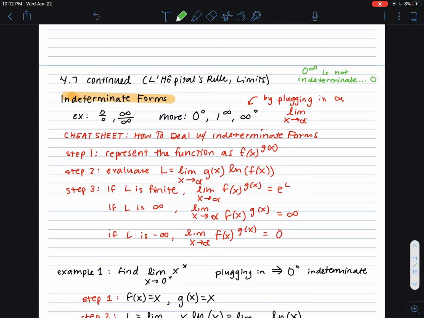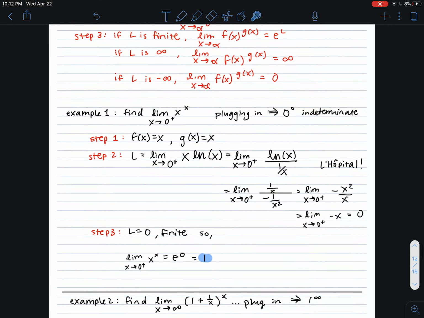The reason that 1 to the infinity is not necessarily 1 is because you could have 1 be a fraction, and before we reach 1 as our limit, we could reach infinity sooner. And if we reach infinity sooner than this gets to 1, then this guy's a fraction, and a fraction to the infinity is actually 0. So that's where these indeterminate forms come from, but 0 to the infinity is not indeterminate. Okay.